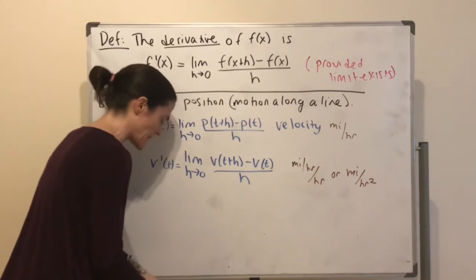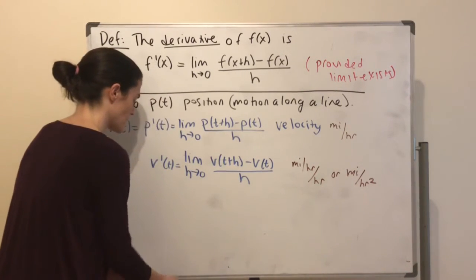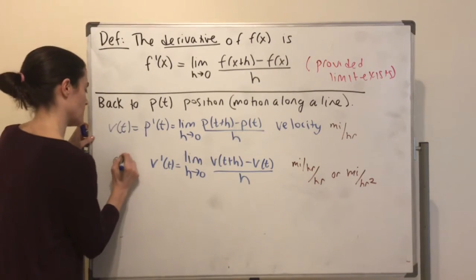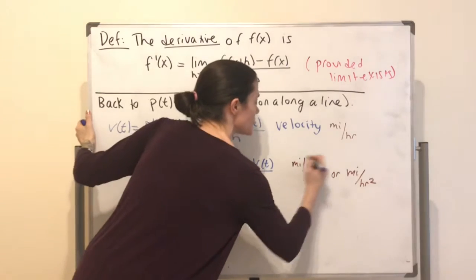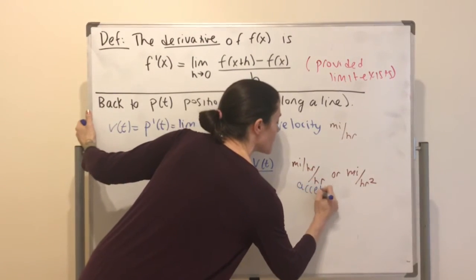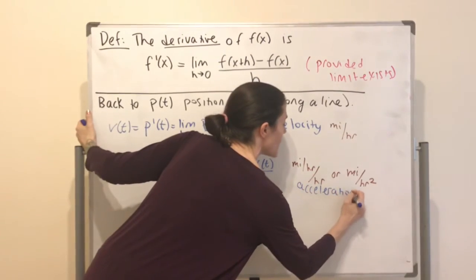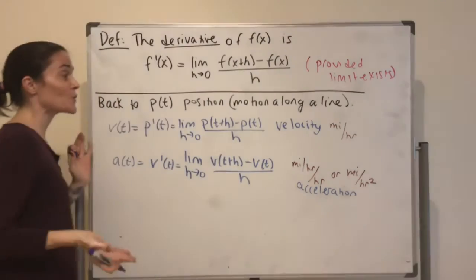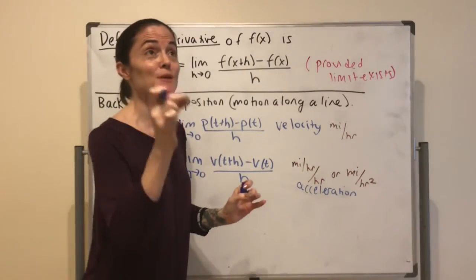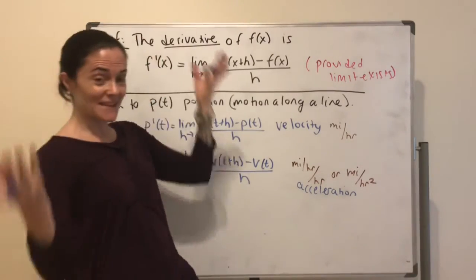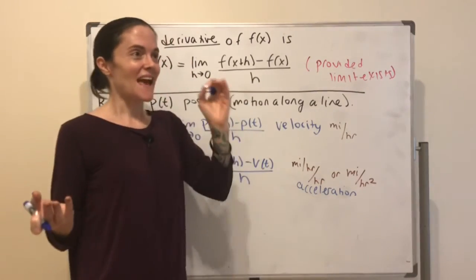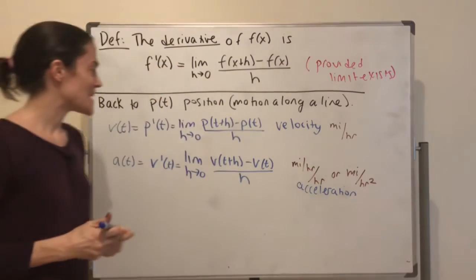This is acceleration. And the units are in miles per hour squared, or you might see feet per second squared if you are, for instance, throwing the book up in the air in feet and in seconds, which I will come back to that example.